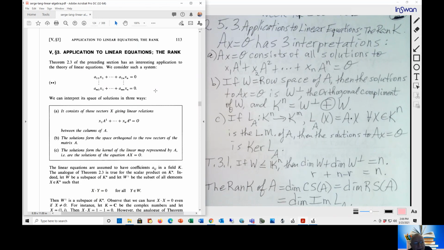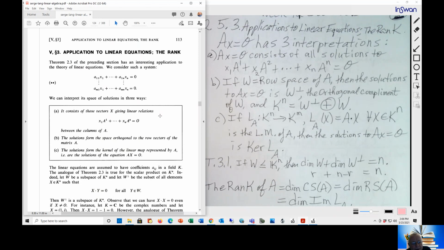The first way is that the solution set consists of all vectors capital X that make the linear equation x1a1 plus x2a2 plus dot dot dot plus xn an equal 0 true, where the superscripts are the columns of the matrix: the first column, second column, through the last column. Linear combinations of the columns of the matrix. That's one interpretation we've looked at before.